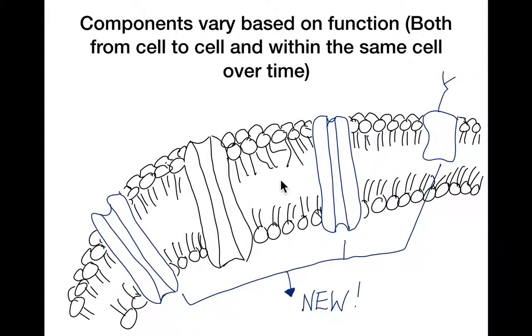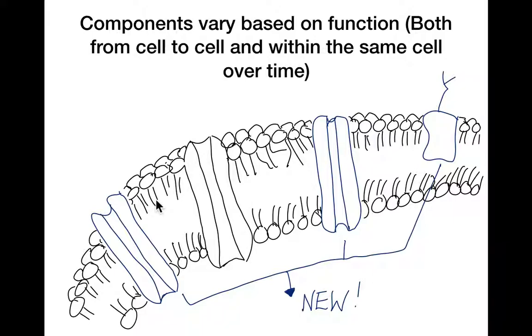Okay, so one thing I want to lay down right now, make sure everybody understands, is that you could have a cell change how it looks throughout its lifetime. You could have a cell change quite a bit. It can get more proteins like I showed here, or it can have more cholesterols embedded between the phospholipids.